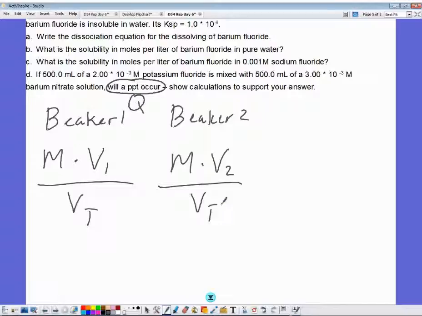And for my fluoride, that's going to give me 1 times 10 to the minus 3 molar fluoride. And for my barium nitrate, that's going to give me 1.5 times 10 to the minus 3 molar of my barium ion. And I could care less about sodium and I could care less about potassium.